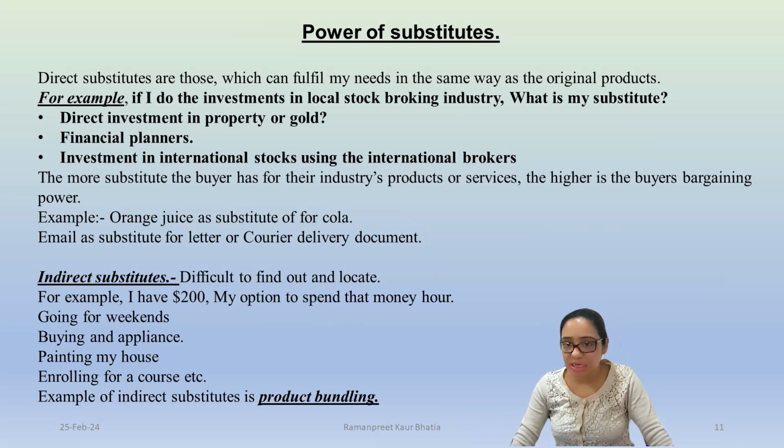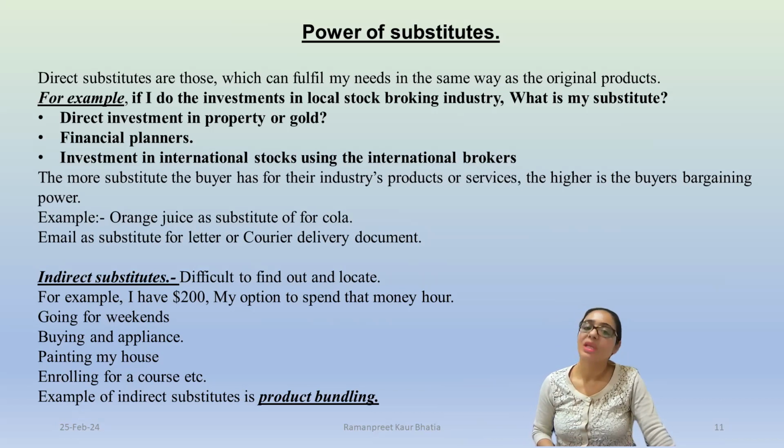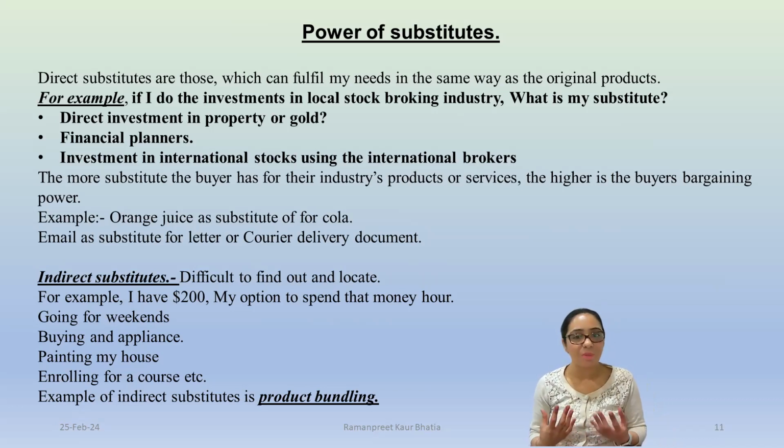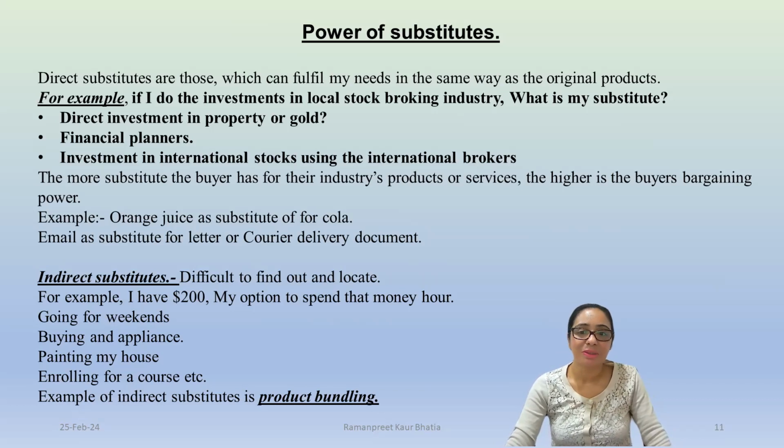An organization selling pizza is my competitor, but an organization selling hamburgers or chips will be substitute for my product. Therefore, it's very important for an organization that it should be aware of the substitutes which are available to the customers, so that they are aware of the industry trends and use this for planning process.